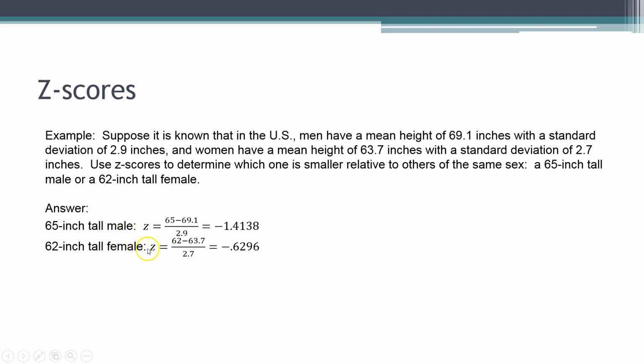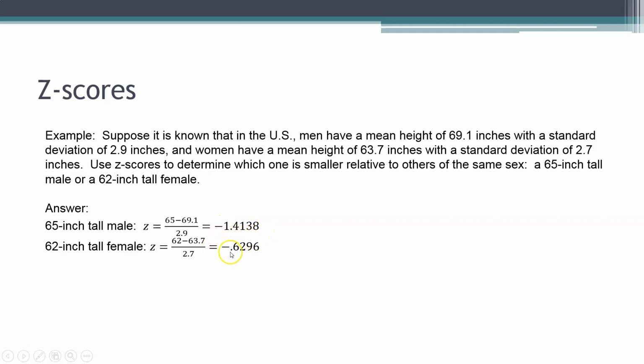So now for the female, that female is 62 inches tall. So 62 minus the mean height of women divided by the standard deviation for women. That's going to give us negative 0.6296. So now you can directly compare and see that the male is 1.41 some standard deviations below the mean.